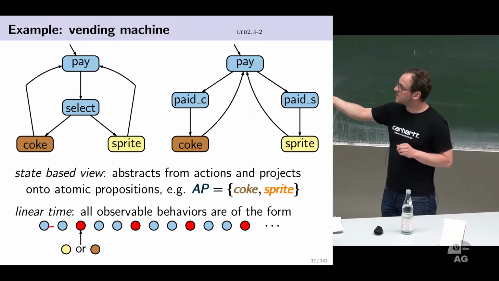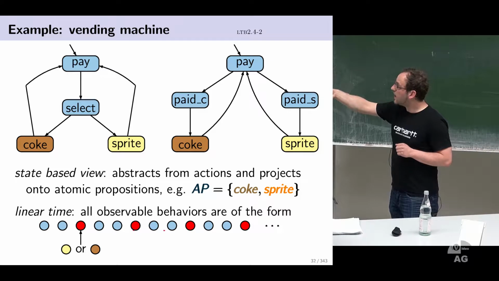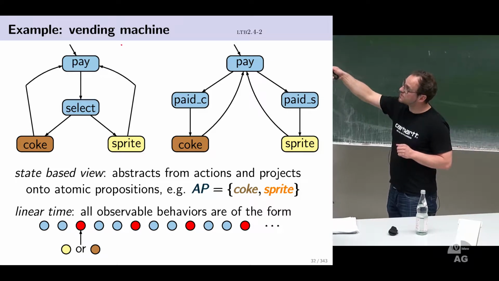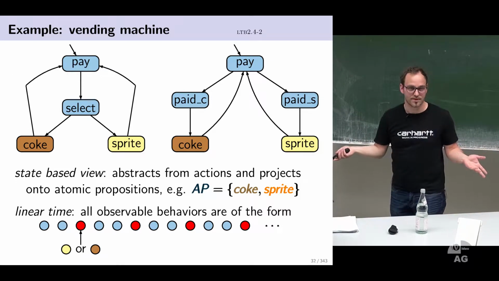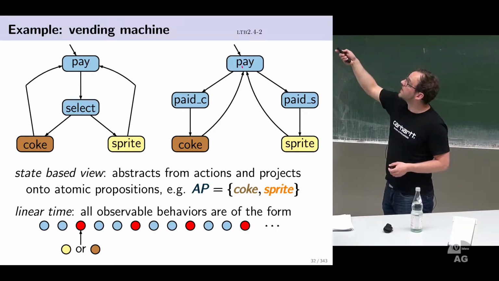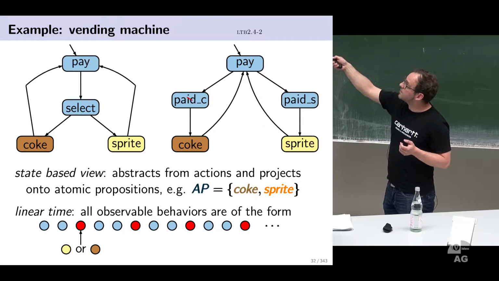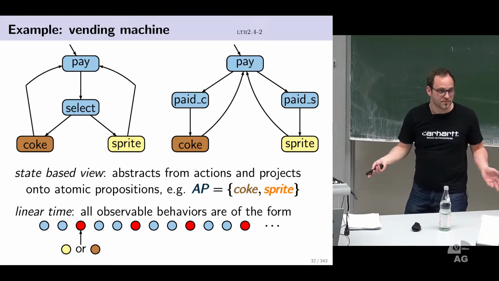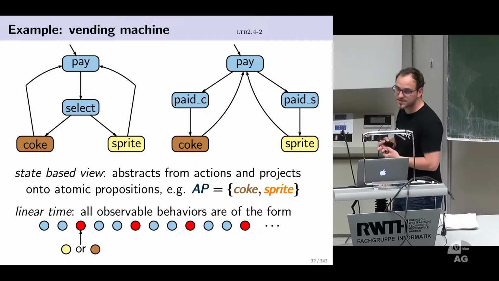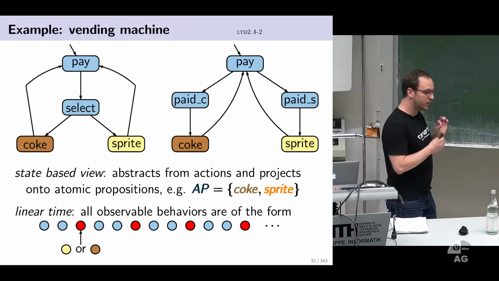So you get empty set, Coke or Sprite, empty set, Coke or Sprite, and all paths that you can select in this transition system look like this. But that's the same in the right transition system. So you always get empty set, some drink. Then you go back, empty set, some drink, and so on. So the labelings of the paths are the same in linear time when you look at just paths.